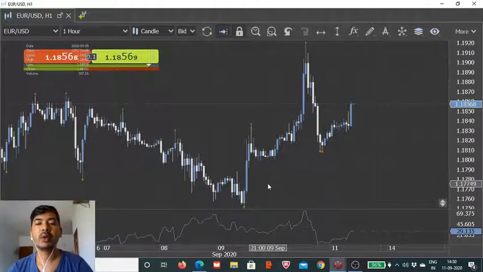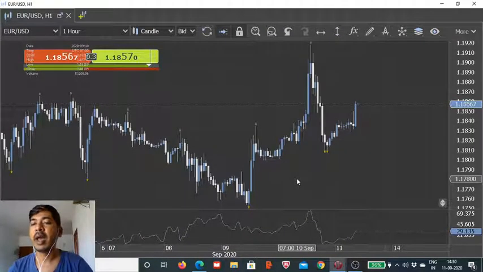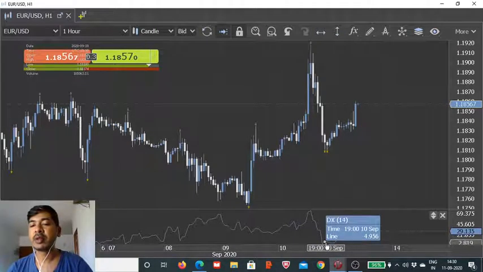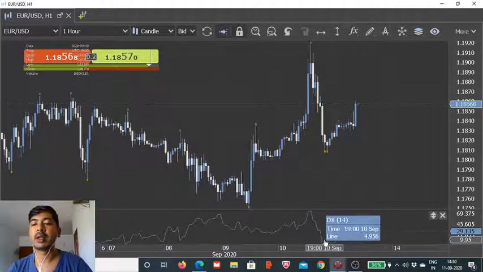As I said, the ADX value and the DX value differ only from the standpoint of averaging. The DX value is the difference between the positive directional indicator and the negative directional indicator for that point in time.